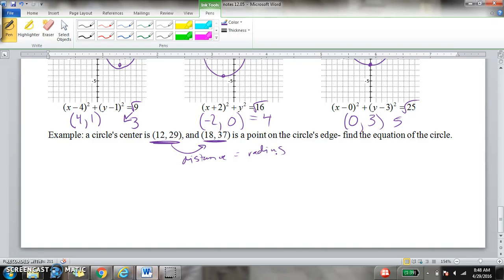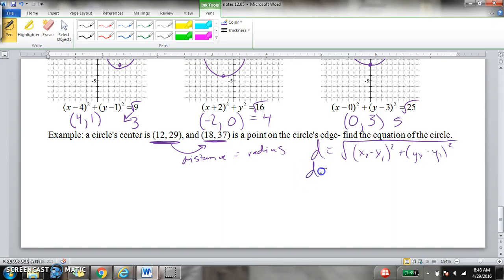So we're going to need the distance formula to find the radius of the circle. Distance formula, if you've forgotten, is going to be x2 minus x1 squared plus y2 minus y1 squared, all of that square rooted.